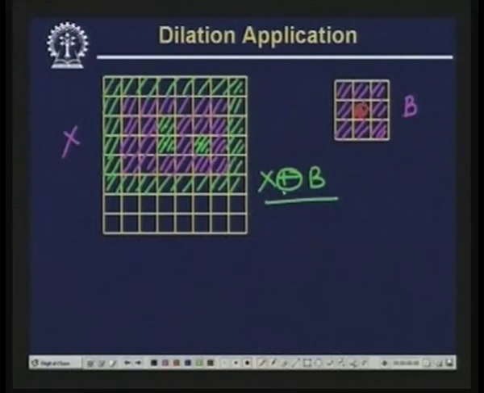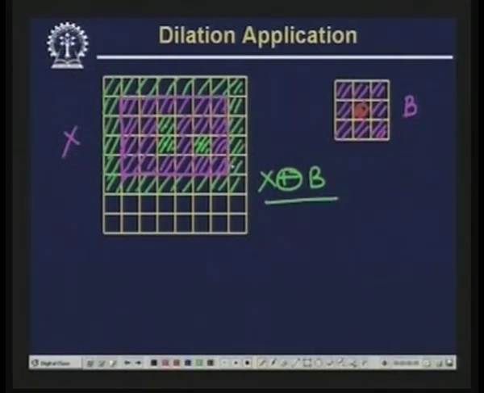Now, naturally in this particular case, we have a side effect. The side effect is, it is good that all these internal noisy points are being filled up by white pixels or object pixels, but at the same time you find that the original object region boundary was this. This was the object boundary.